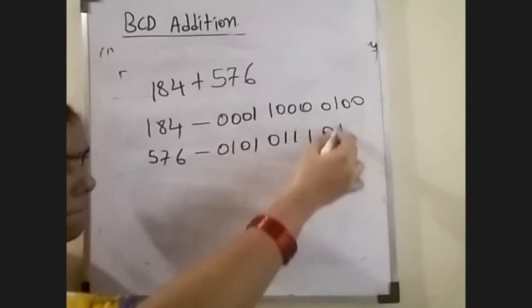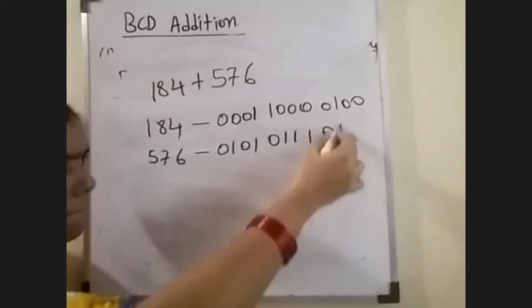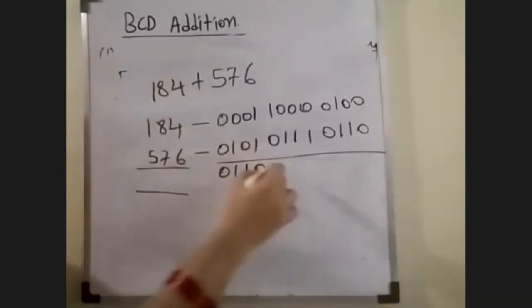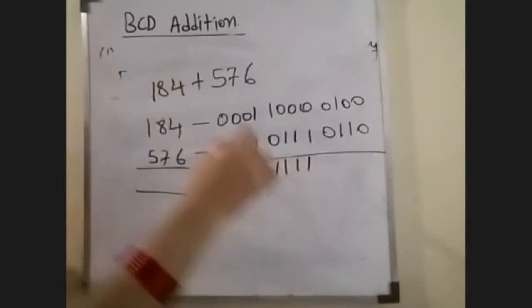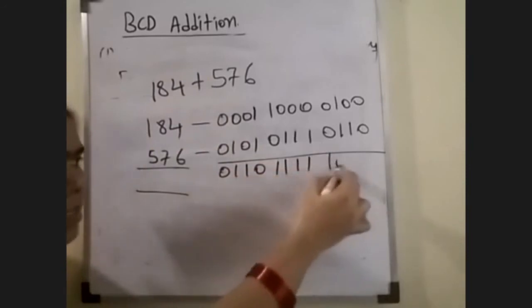First, you can add this one. 184 plus 576, what is the result? 0110, 1111, 1010.